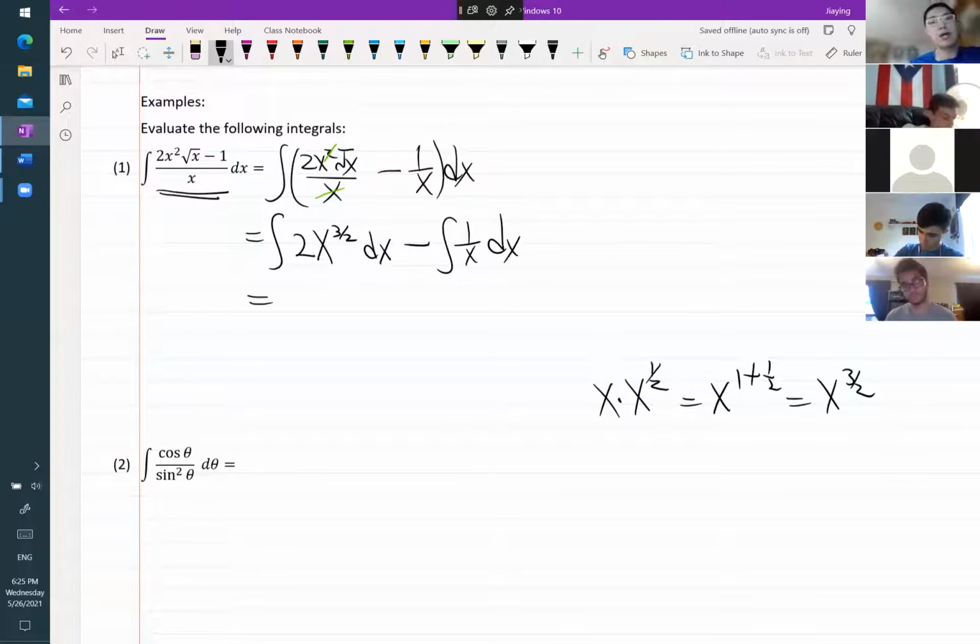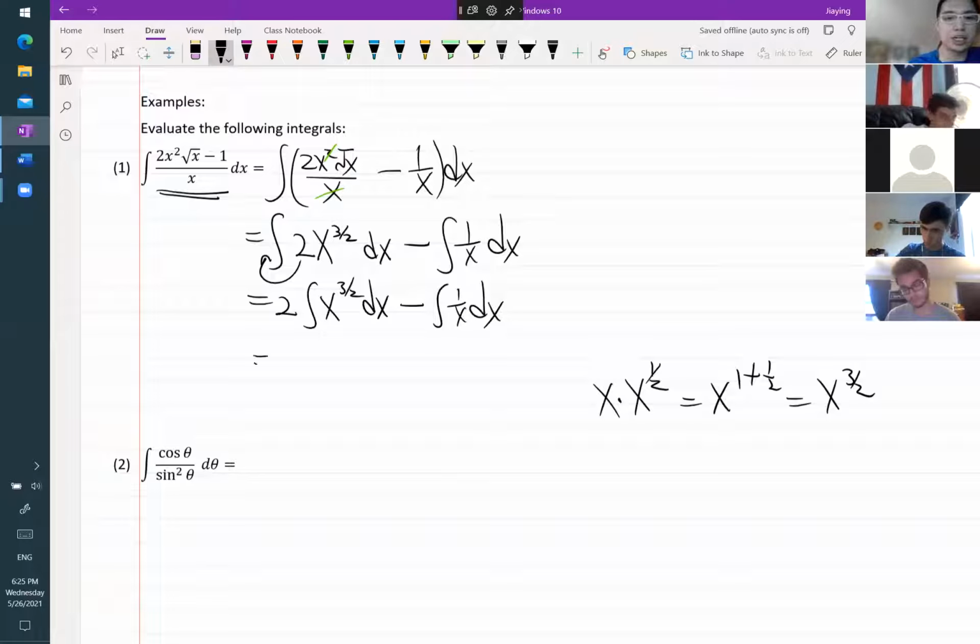And then for the first part, we can use the power rule. So bring the 2 outside: 2 times the integral of x to the 3 half dx minus the integral of 1 over x dx. That gives us 2 times x to the 3 half plus 1. We have to add 1 to the exponent and divide by the new exponent.